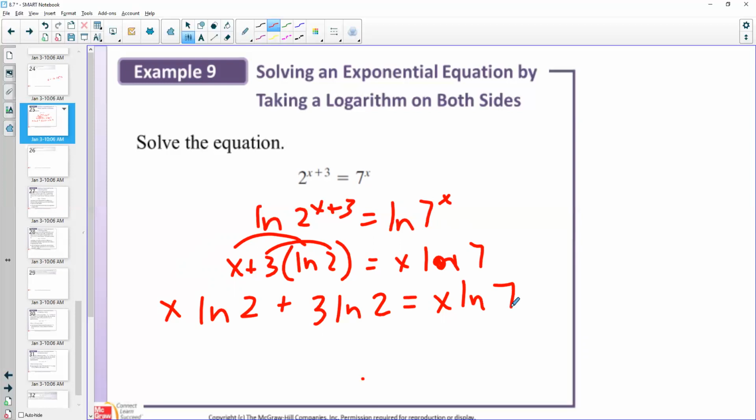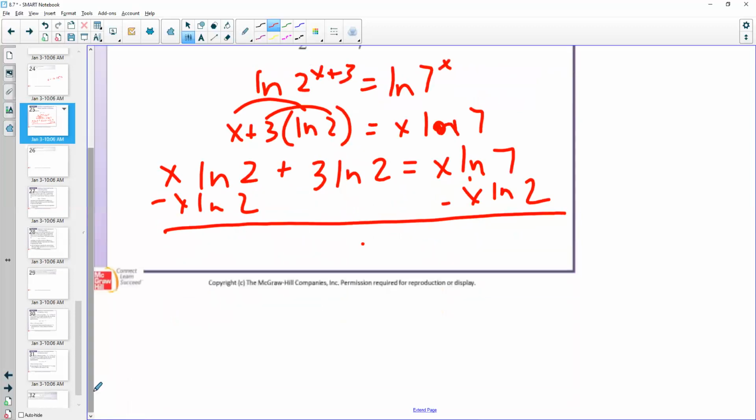Sounds like a strange thing to do, but bear with me. Then what I'm going to do is move the ln's with the x's all to one side. Actually, it would be smarter to move the other one, right? So I'm going to move this guy over to the other side. Okay, I'm going to give myself some room.